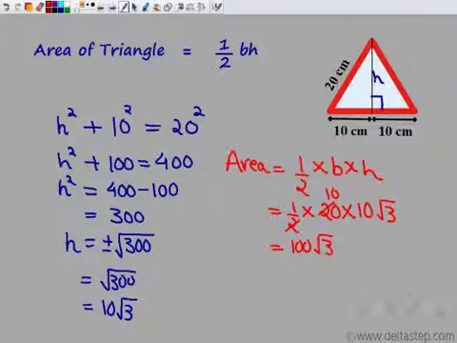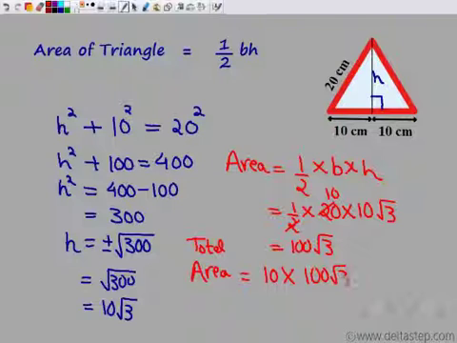He needs to make 10 such triangles. So the total area would be 10 into the area of one, which is 100 root 3. So I get 1000 root 3.